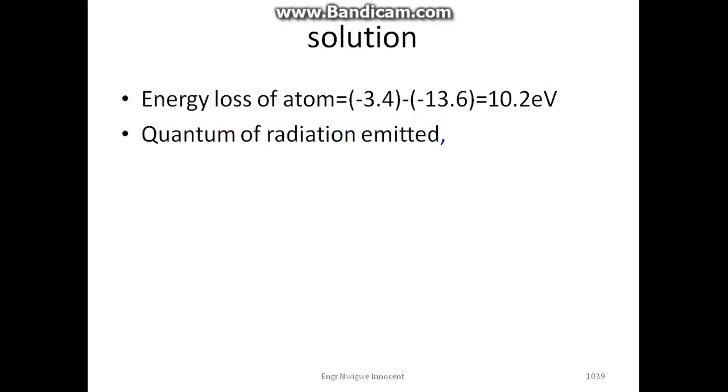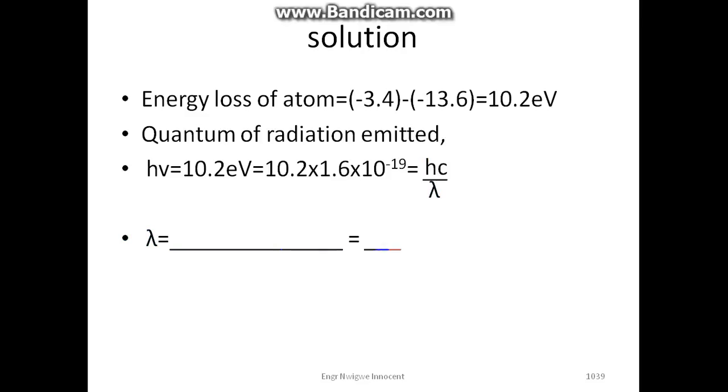Quantum energy of radiation emitted, hv, is equal to 10.2 eV, which is equal to 10.2 times 1.6 times 10 raised to the power minus 19, which is equal to hc over lambda. Lambda is the wavelength.